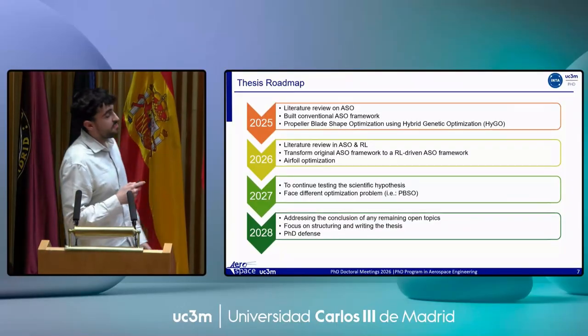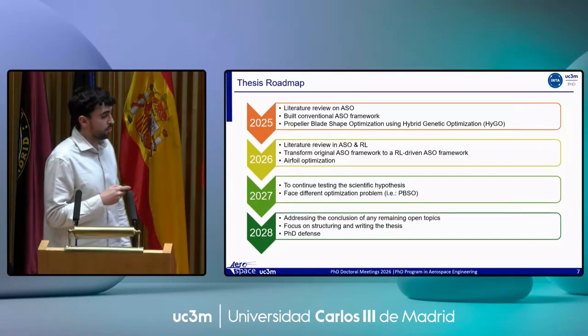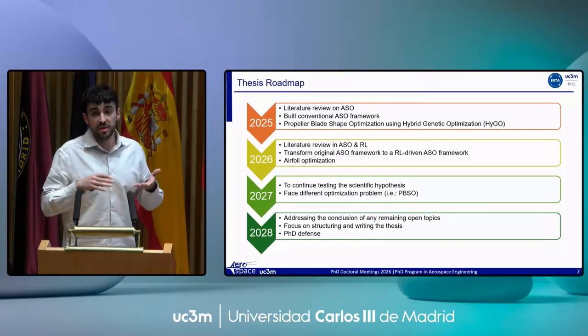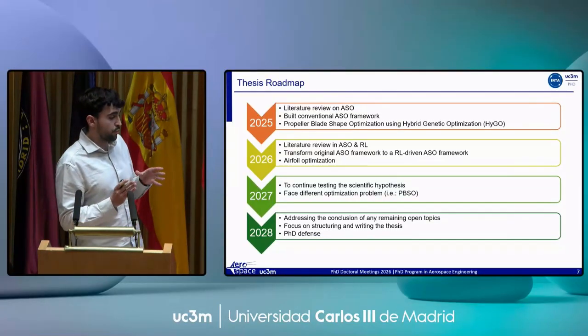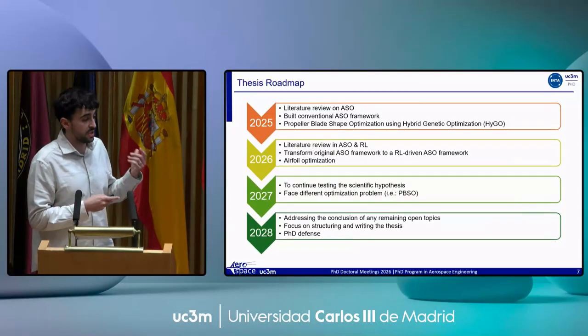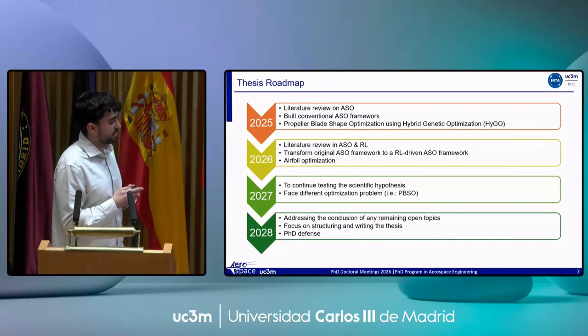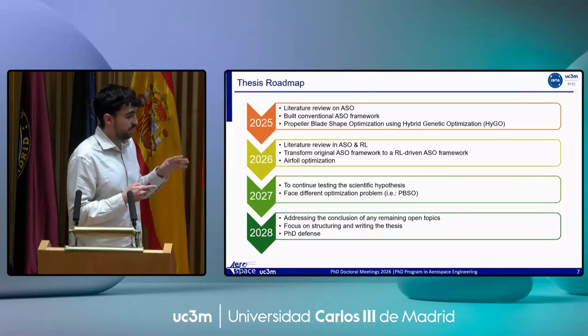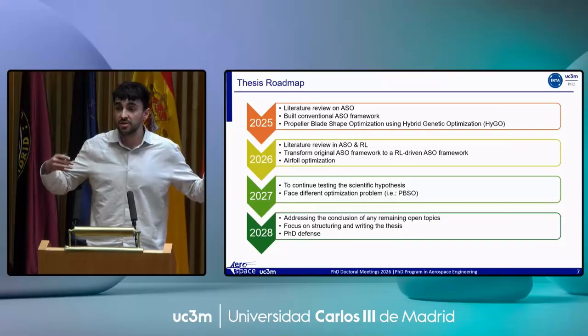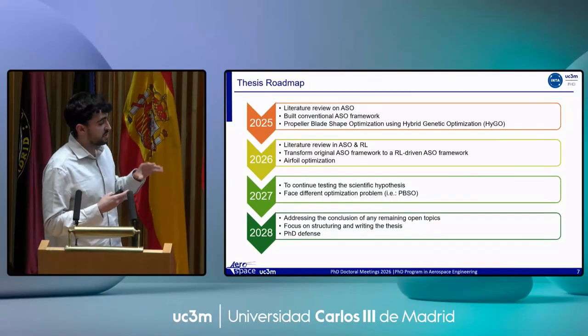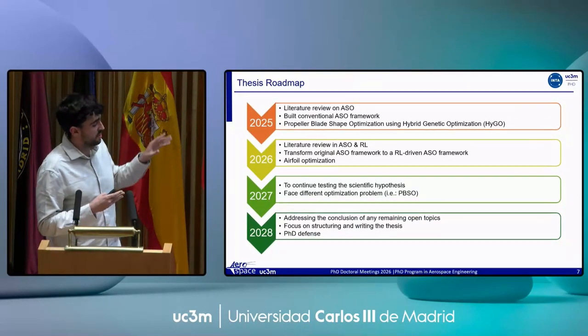Moving on to the overall roadmap of my thesis, in 2025, I laid the groundwork by building a conventional ASO framework and tailoring it to propeller blade shape optimization using a hybrid genetic algorithm. And currently, in 2026, my main focus is upgrading this system into an RL-driven framework, specifically targeting airfoil optimization.